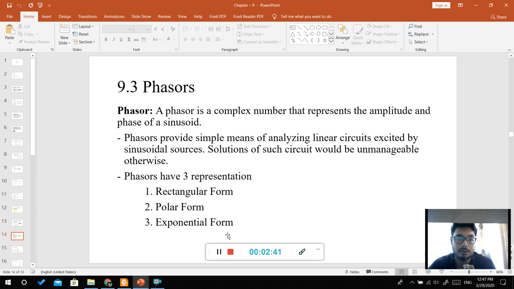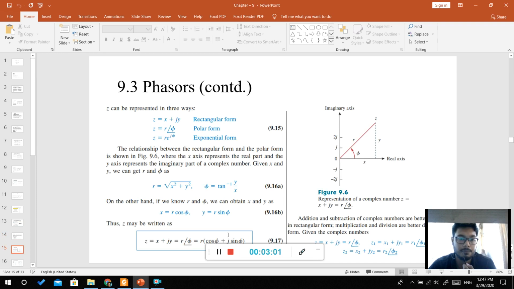And phasors are complex numbers that represent the amplitude and the phase, and phasors make the calculations much easier than if we try to do it in time domain. The calculation would be much harder and sometimes impossible to find out, because the calculation gets bigger and bigger.